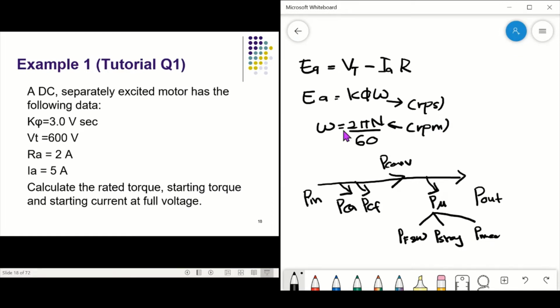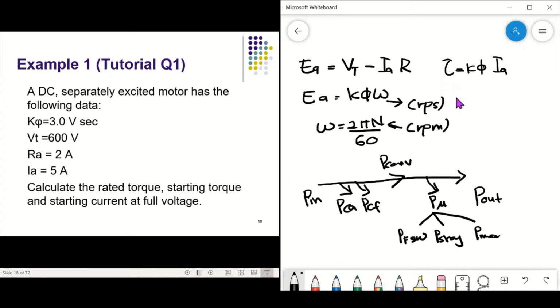And we have this equation we use to get the speed in RPM, where omega equals 2 pi N over 60. And then we have another relationship between torque and armature current, where torque is directly proportional to armature current.